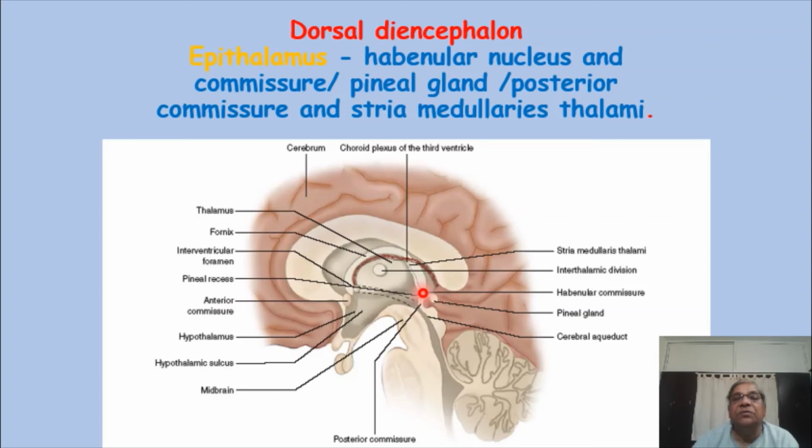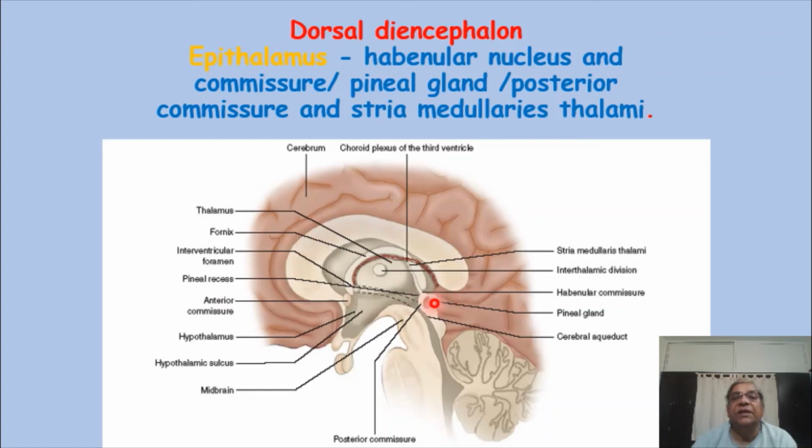And just above this stalk of the pineal gland, where I am moving this cursor, is the habenular commissure, which will connect the right and left habenular nuclei, which are lateral, on either side of this median section, which you are not able to see here. We will see and learn when we go into detail.